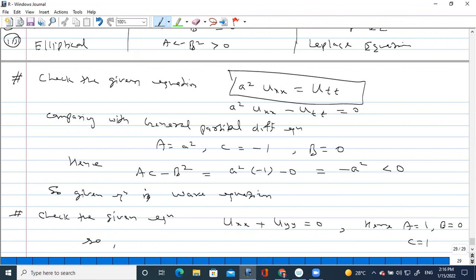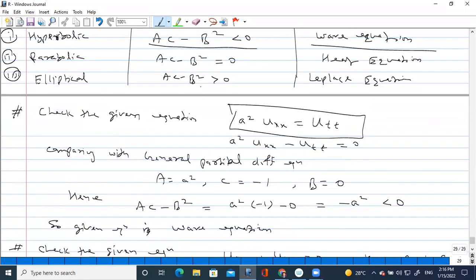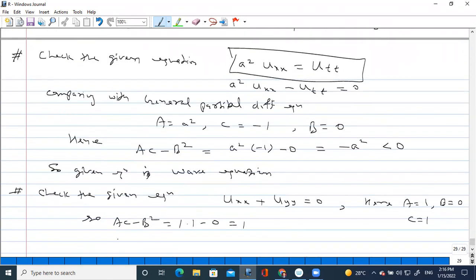So ac minus b square will be 1 into 1 minus 0 is equal to 1. So this is equal to 1, means 1 is greater than 0. So it is elliptical, and elliptical means it is a Laplace equation, which is greater than 0.